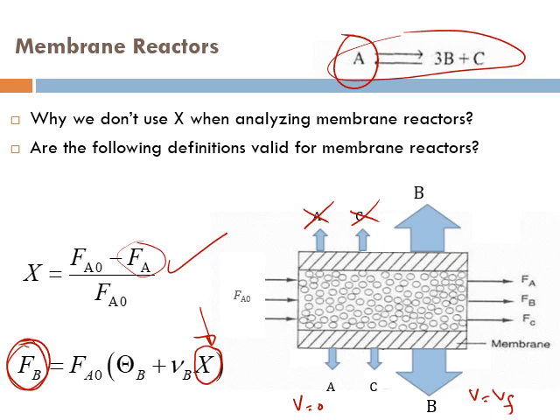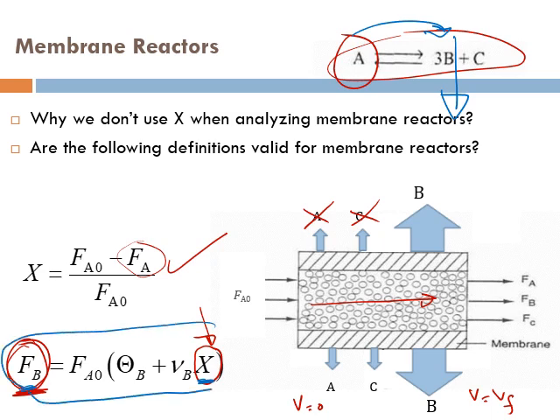Well, again, no. We cannot use it to calculate FB, because the molar flow rate of FB through the membrane is affected by two things. The first thing is the conversion. The other thing is the diffusion. So I cannot quantify FB by only looking at conversion. I have to also look at diffusion. So again, this equation becomes wrong to calculate FB, which is a diffusing component.